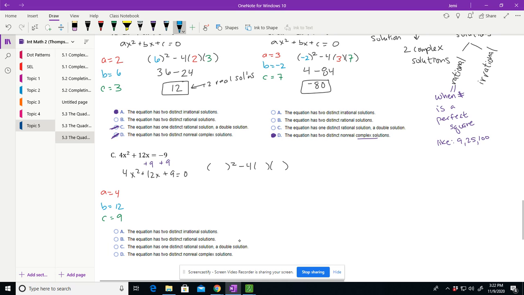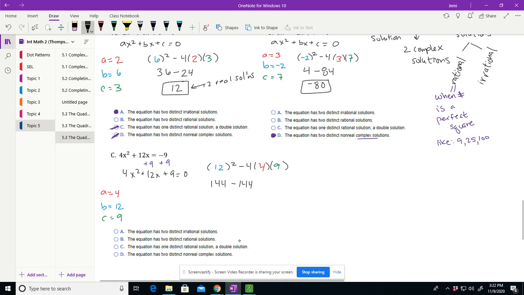All right. So if you did this one correctly, you'll get an answer of 0. Plug in 12 for B, plug in 4 for A, and 9 for C. 12 squared is 144. 4 times 4 times 9 is 144.